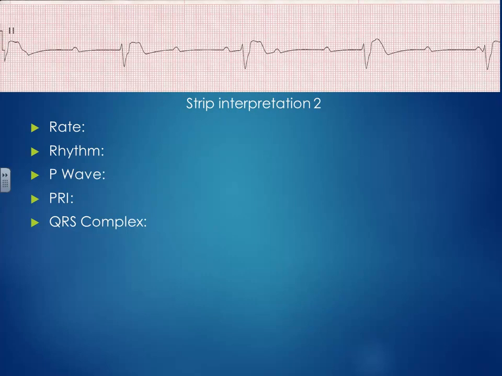What's your rate? You're going to have 2 rates on this. All right? So around 70 for atrial, around 50.